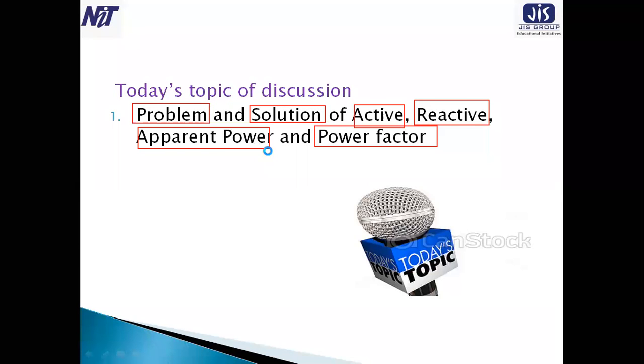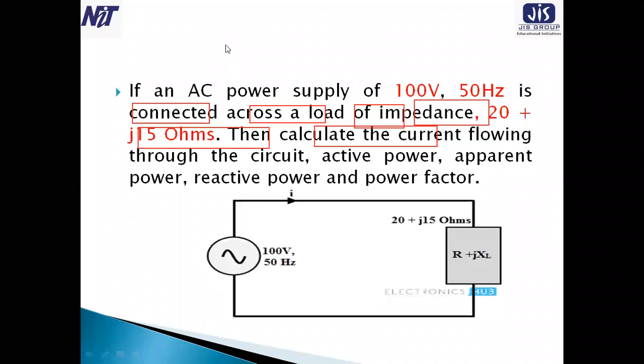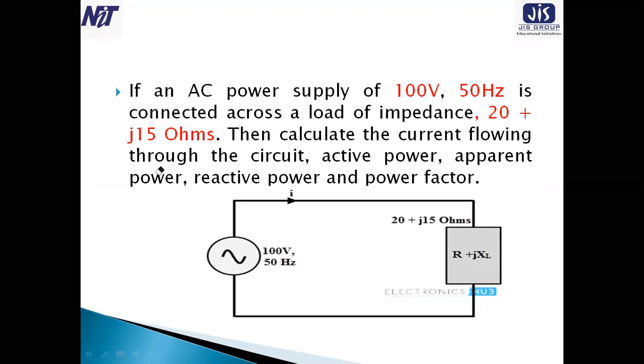Now, for that reason, first we have to consider some problem. So here we consider an AC circuit. In this AC circuit, we have a sinusoidal voltage source with 50 hertz supply.